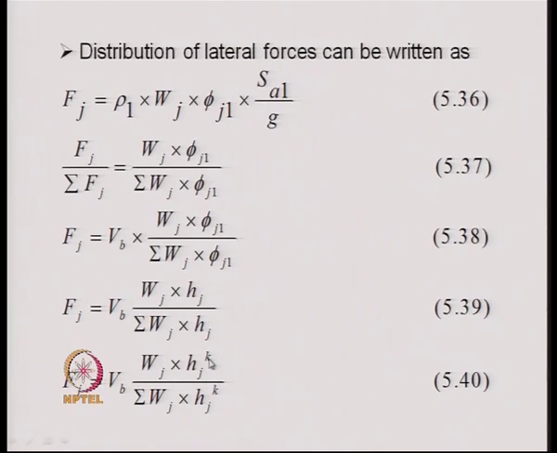Similarly, for k equal to 3 or k equal to 0.5, we get different kinds of non-linear variation of the first mode shapes. In practice, the values of k to be adopted are also prescribed. So, to some extent one can justify the distribution of the lateral forces in the seismic coefficient method of analysis.